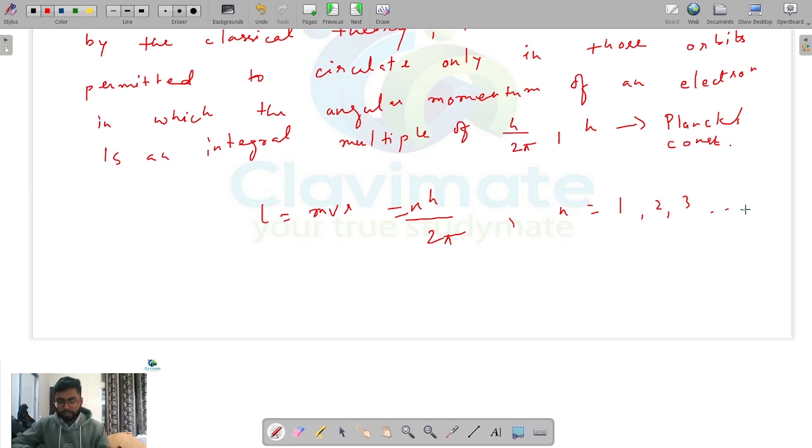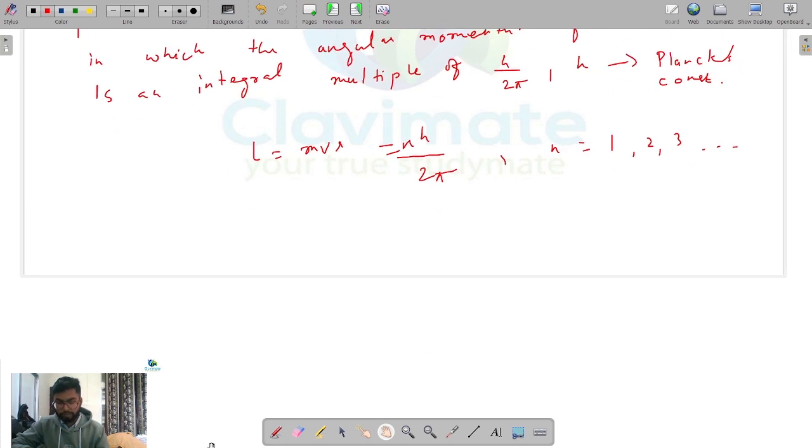Now this above equation is Bohr's famous quantum condition, where an electron of mass m is confined to move on a line of length L with velocity v, and the de Broglie wavelength associated with the electron will become lambda is equal to h by mv, h by p, where p is linear momentum.